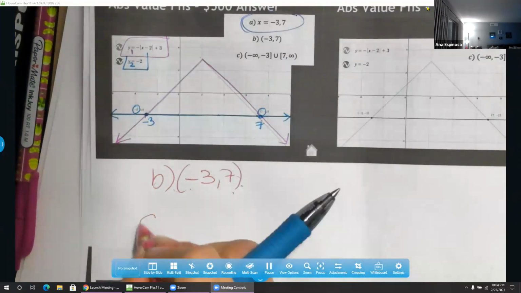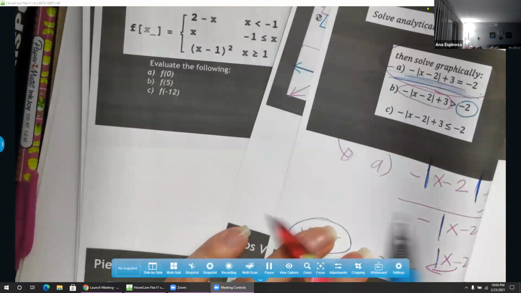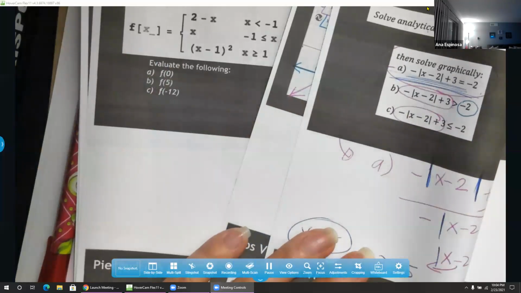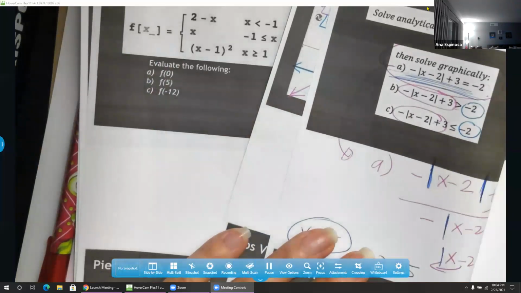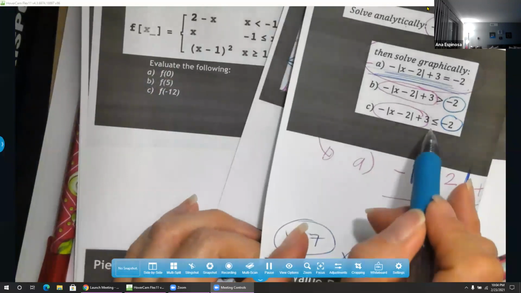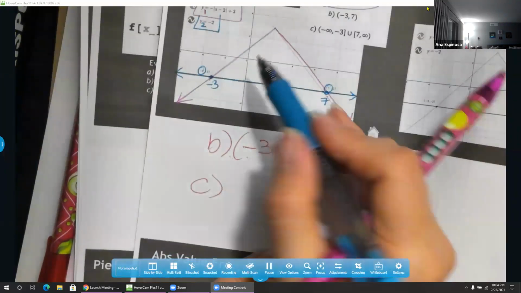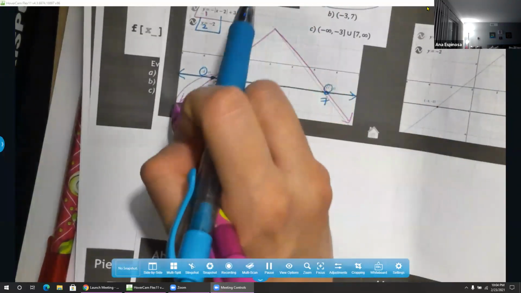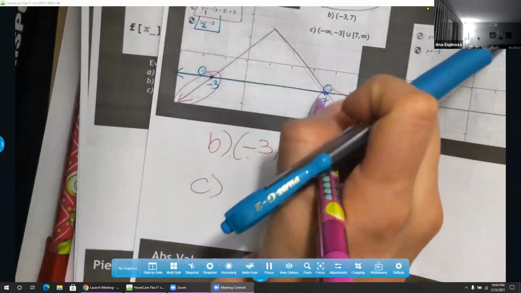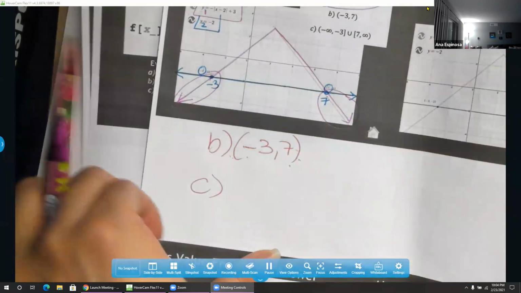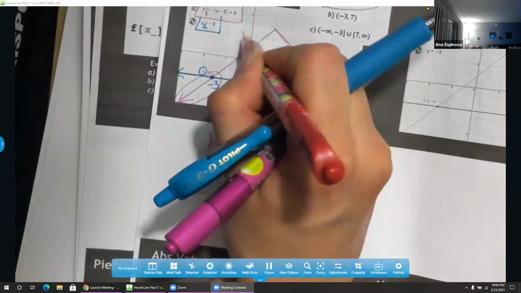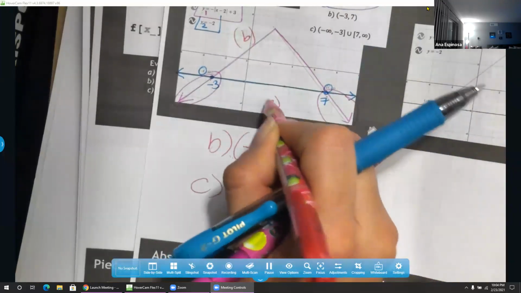And then the third part, C, is where the pink one is below the blue one, or equal to. So the part where the pink is below the blue one are these 2 spaces. So the top part is B and the bottom part is the answer for C.